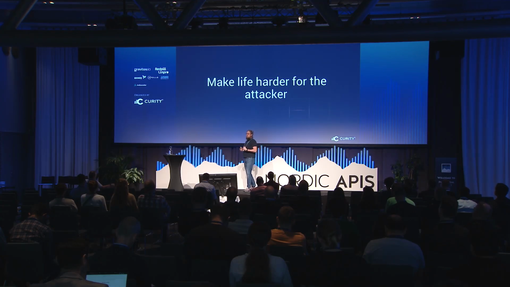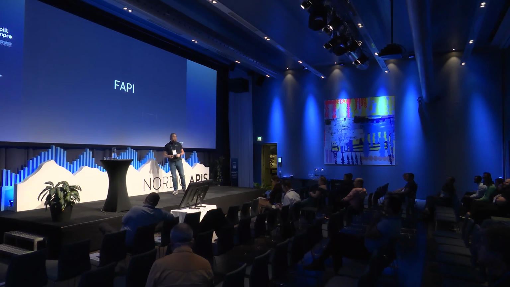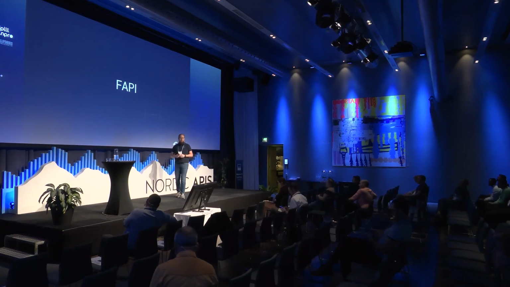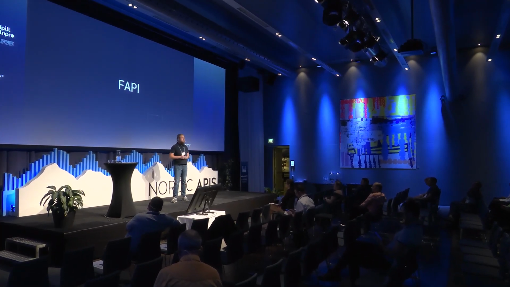We're not able to 100% bulletproof our APIs. So we just want to make sure that it's hard enough for the attacker to eventually drop any attempts of attacking our APIs and maybe go to somebody else, or maybe change their profession. And that's exactly what the financial-grade API security profile is about. It tries to make the life of the attacker harder.